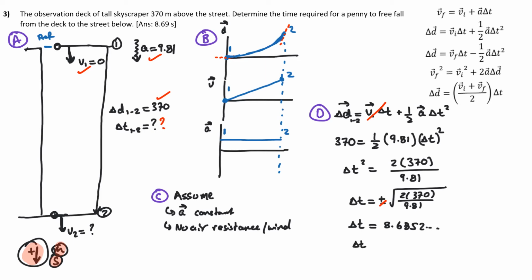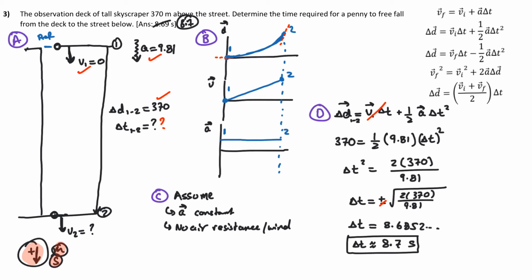So the change in time here should equal 8.7 seconds approximately. So I'm going to box my answer there, and I will change the solution to 8.7. Note that the change in time is not a vector quantity, so we just need a unit here and no direction.